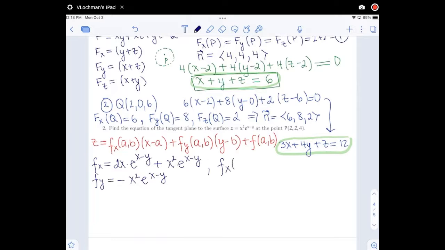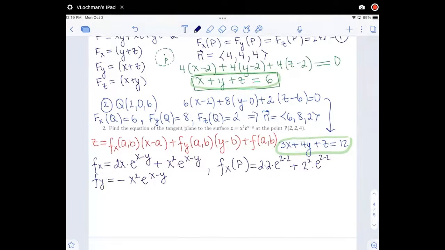Derivative with respect to x evaluated at my point P. So I'm going to carefully plug this in. So what is this? This is 2 times 2 times e to the power 2 minus 2, plus 4, right? Well, let me write it as 2 squared times e to the power 2 minus 2.